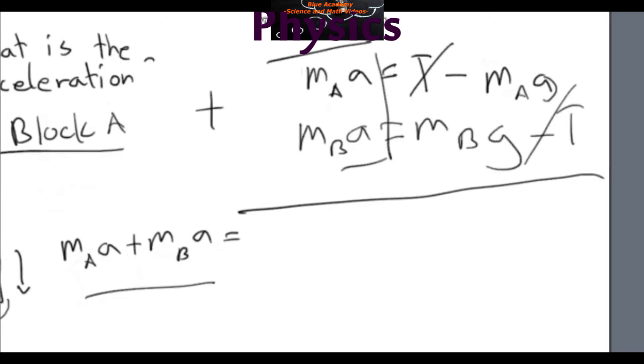So this is our left side, and in the right side we have m_b times gravity minus m_a times gravity.